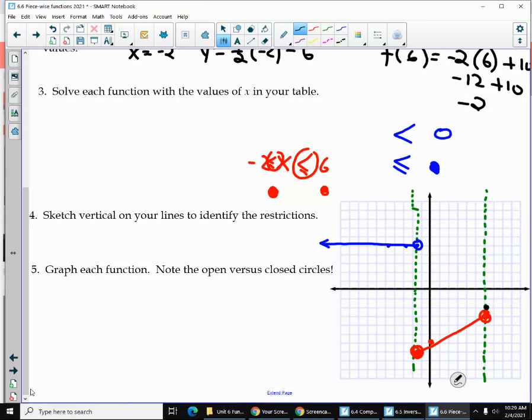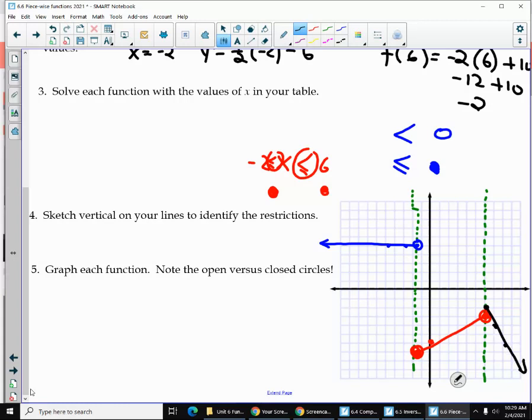And I'm not asking you whether this is solid or open, we'll do that later. The second ordered pair is 7, negative 4. So 7, negative 4 would be over here. And the last ordered pair is 8, negative 6, which would be over here. So my line will look like this.